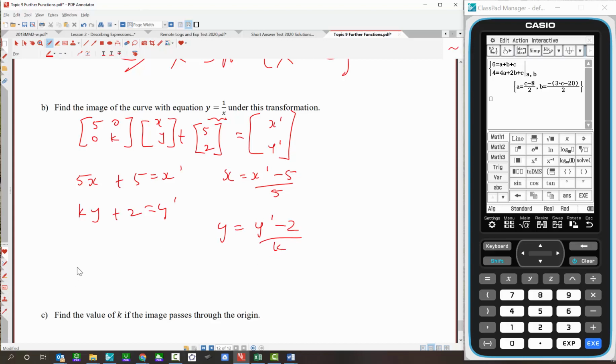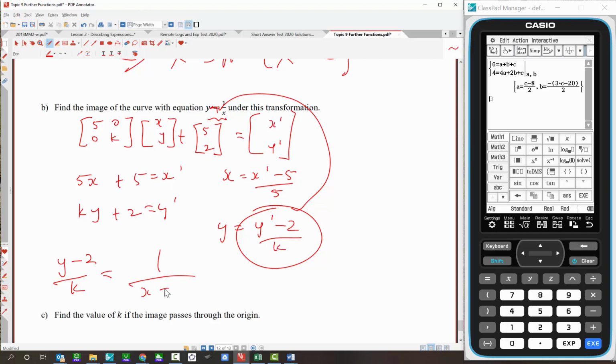Okay, let's pop them in now. So I've got y take 2 on k. So I've basically just subbed that in place of y and dropped the dash at the same time, equals 1 over x, which is x take 5 on 5. So where I've seen x there, I've popped it in and dropped the dash as well.